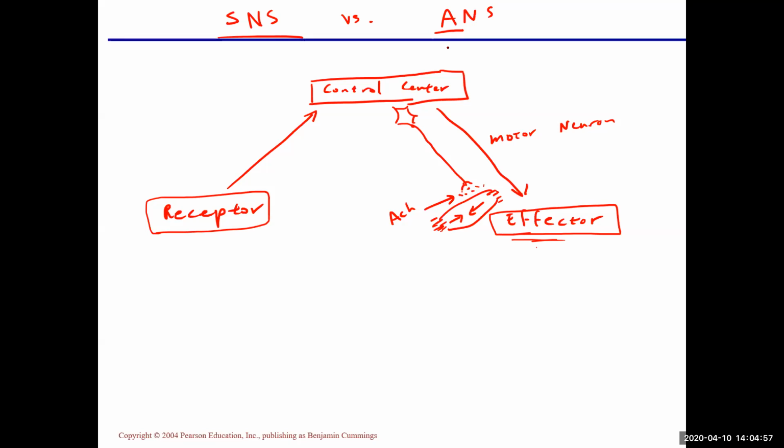What I drew over here was the idea of the somatic nervous system. Now I wanted to go over the autonomic nervous system. We're going to go back and forth and review the similarities and the differences between the two systems.